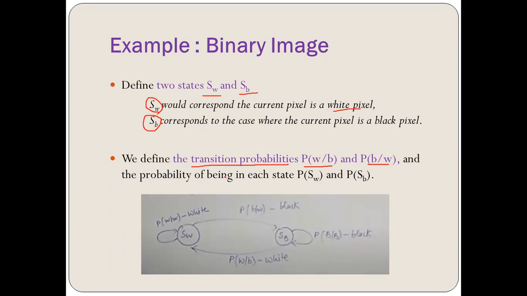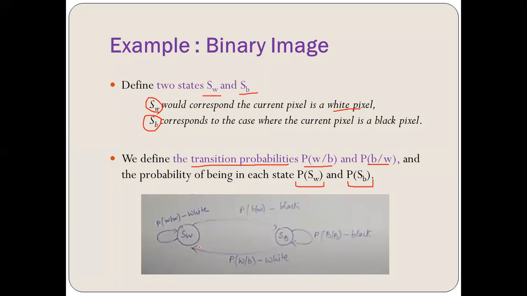And then the probability of being in each state: this is the probability of having the state SW, that is a white pixel, and this is the probability of having the state SB, that is a black pixel.